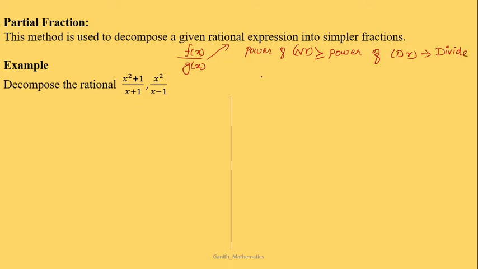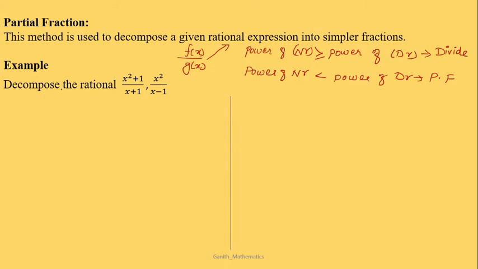Or else, what is the other condition? The power of numerator is less than the power of the denominator. In such cases you have to go with partial fractions. There are three methods, and in this session we are going to see the first method. Before that, I will help you to find the division.